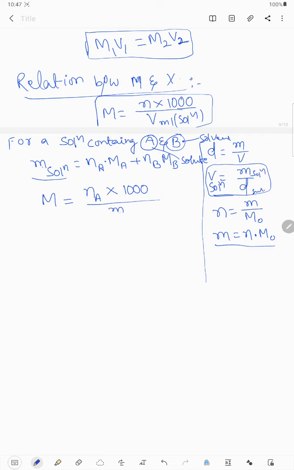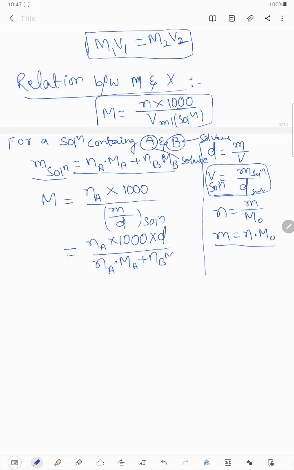Now again I am writing Na into 1000 into density divided by mass of solution, which is moles of A into molecular mass of A plus moles of B into molecular mass of B.